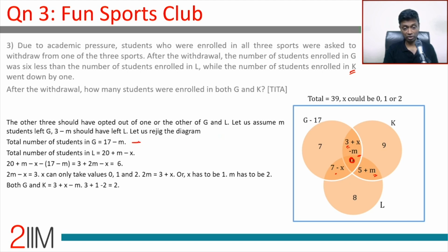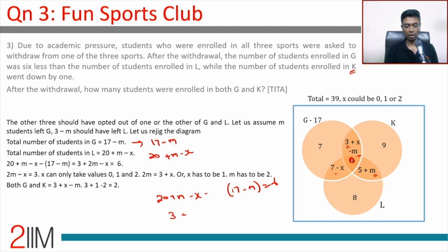The total number of students in G would be 17 minus m. Number of students in L would be 8 plus 7, 15 plus 5, 20. 20 plus m minus x. The difference is 6. Obviously, the number of students in L is higher. So 20 plus m minus x minus 17 minus m is 6.